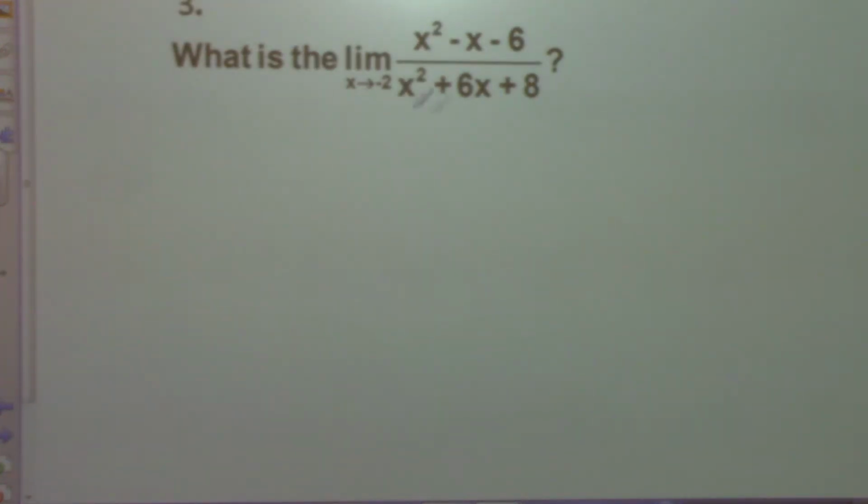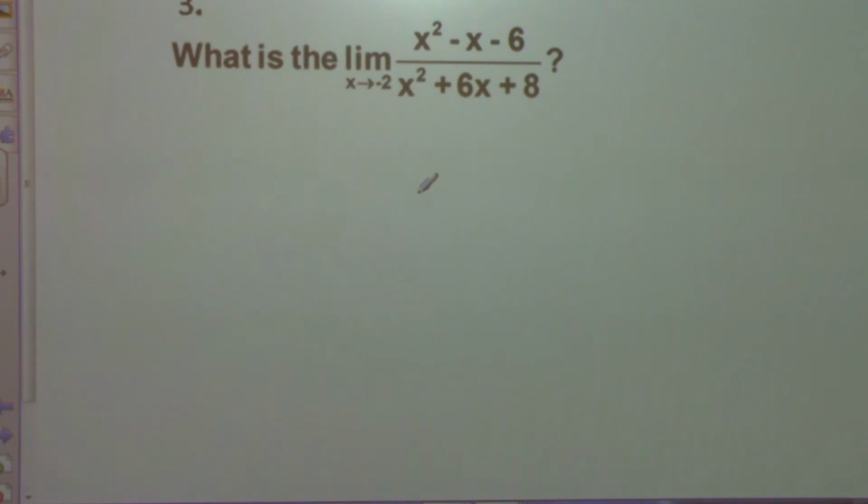Okay, this one here is a similar type of problem. And always, for limit problems, you're going to have limit as x approaches a number, or as x approaches positive or negative infinity, right?